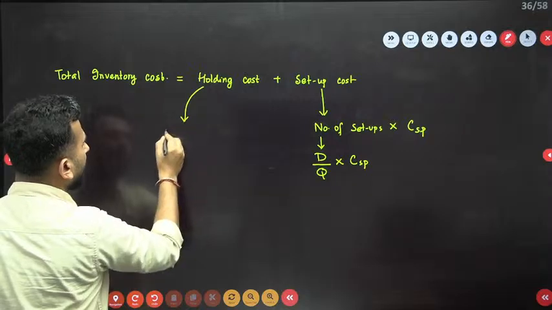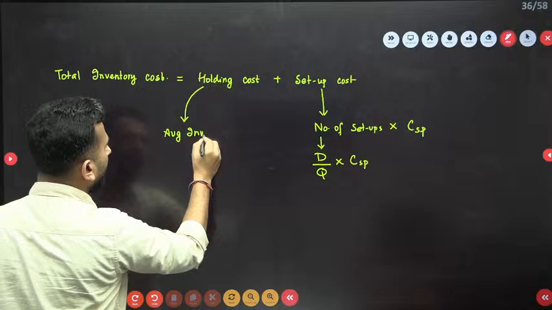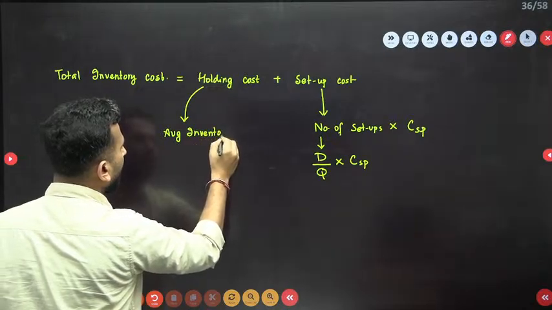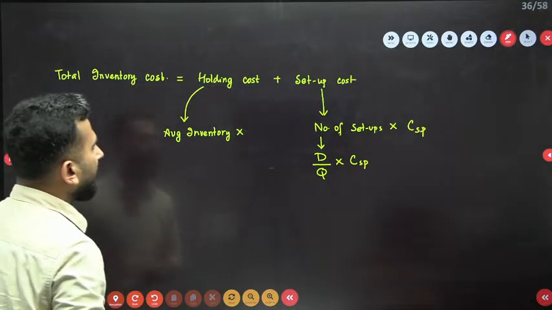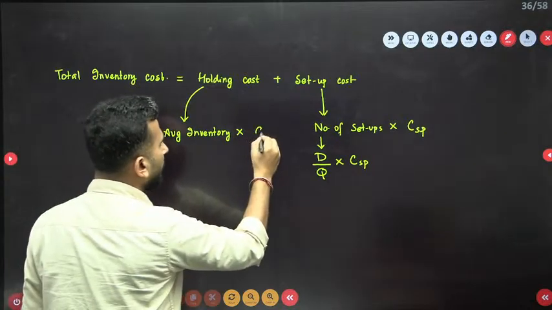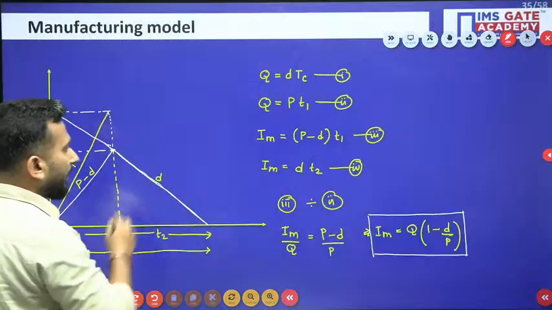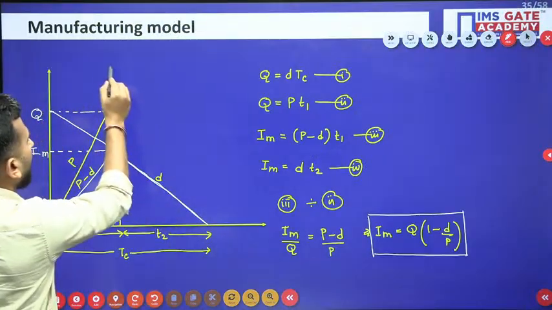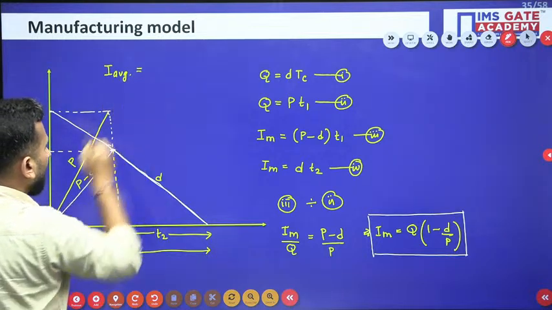Similar, it is average inventory into CH. So what is average inventory? Again you have to see what average inventory is. I gave you a formula that I average is equal to the area till which inventory is there.